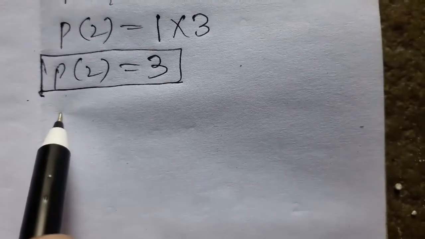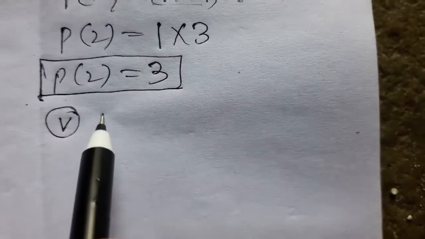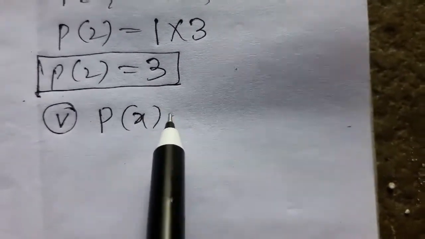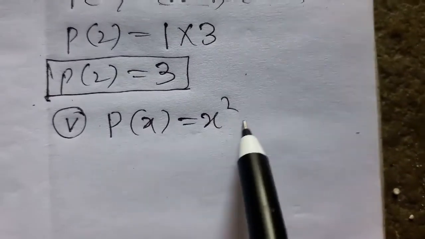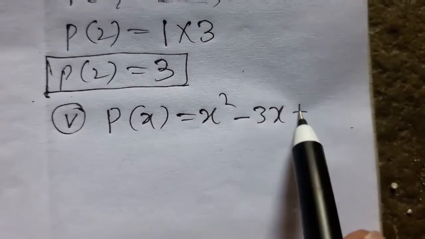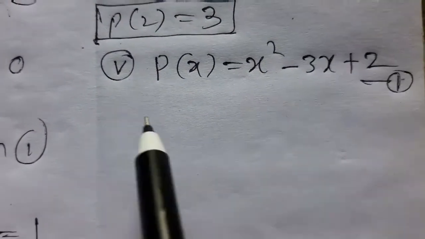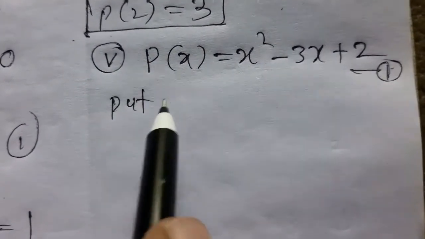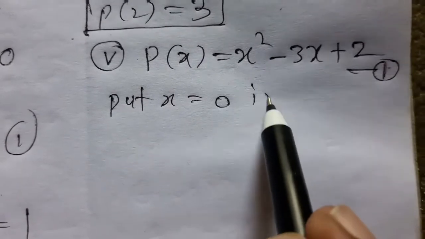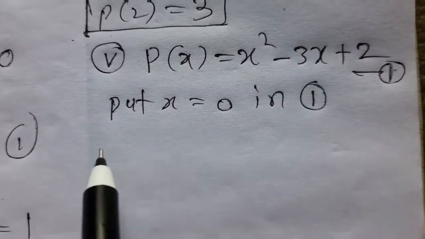Take the next question. That means P of x equals x square minus 3x plus 2. Take this equation 1. Put x equals 0 in equation 1.